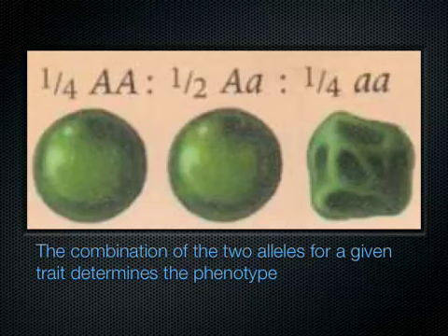The only time you'll be able to actually see the recessive allele in the phenotype is when there is no dominant allele present, as in the example on the right where there are two lowercase a's. This is the basis for what determines your phenotype. Now it does get a little bit more complicated as we'll discover as this unit progresses, but this will be our beginning point in your understanding of phenotype.